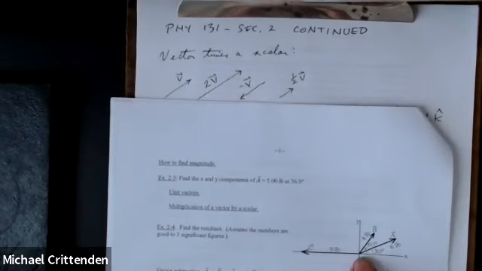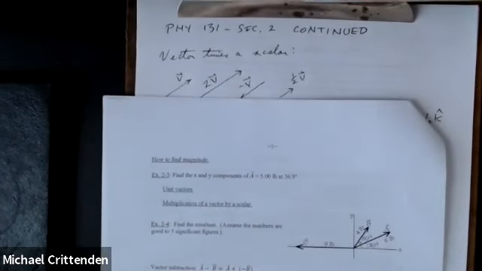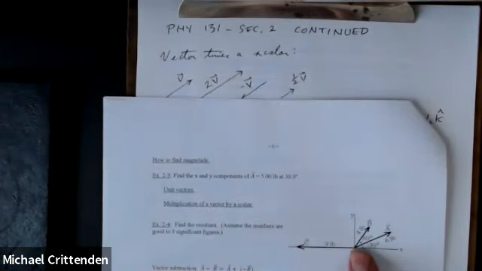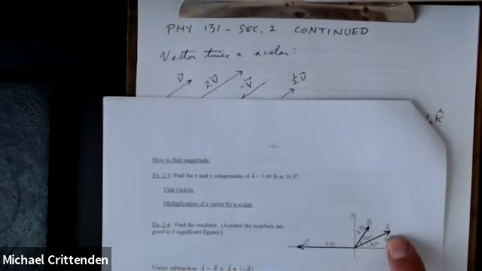There's some object here, could be a coffee cup, which I probably ought to wash. And there's 3 strings tied, well, some tape, okay? There's a string taped to the cup that somebody's pulling that way with a force of 6 pounds.